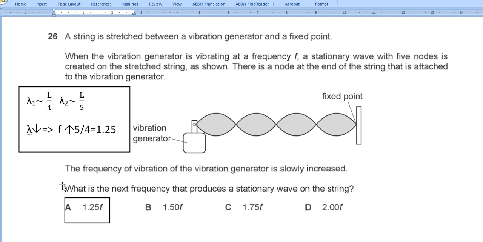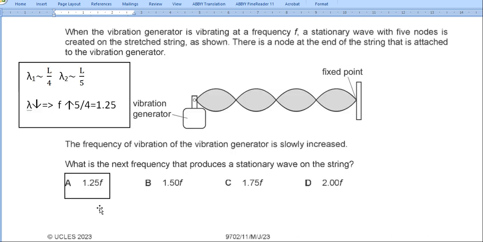What is the next frequency that produces a stationary wave on the string? So what we know is that wavelength is directly proportional to the distance between nodes. So lambda 1 is proportional to L over 4 and lambda 2 is proportional to L over 5. As lambda decreases, frequency increases in the same proportion, so it is 125. Answer A.